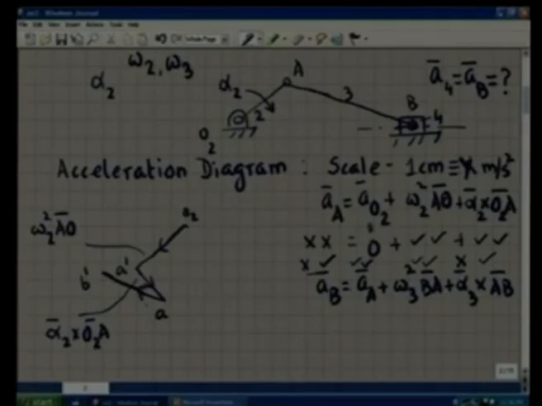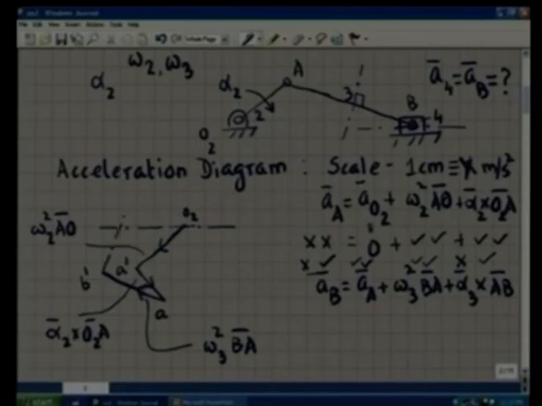This is the vector omega 3 squared BA. Now acceleration of the point B is horizontal, so I draw a line horizontal through the point O2. And alpha 3 cross AB is perpendicular to AB. That means the direction is known, it is perpendicular to AB. So at B prime, I draw a line which is perpendicular to AB, capital AB.